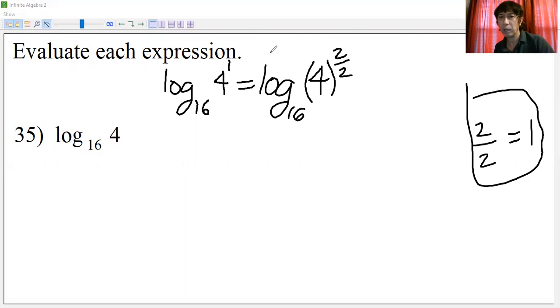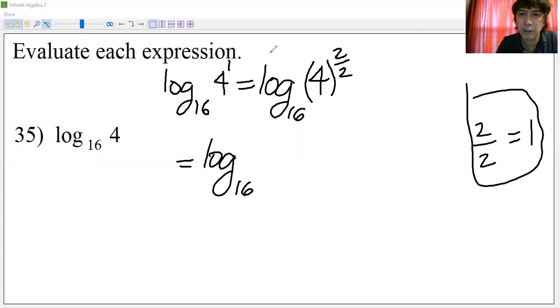And then we will bring in the 2 from the fraction 2 over 2, and you'll be able to write it this way: logarithm to the base 16, 4 squared, and what is left outside is 1/2. It's 1/2, and we shall be able to see the answer after a little while.